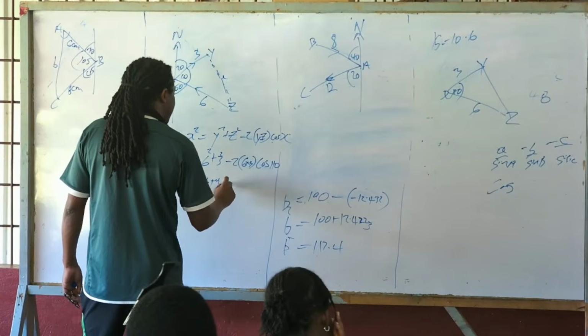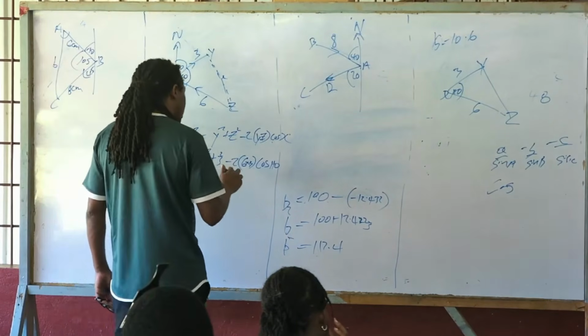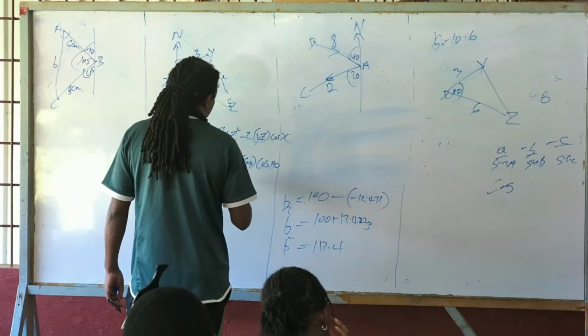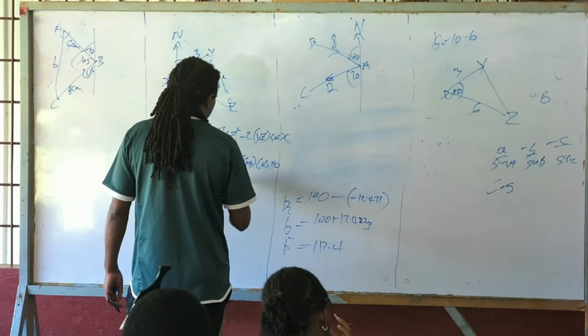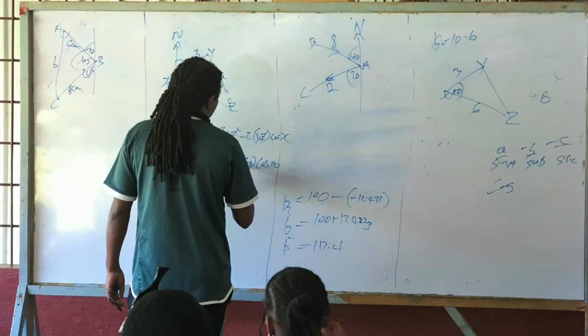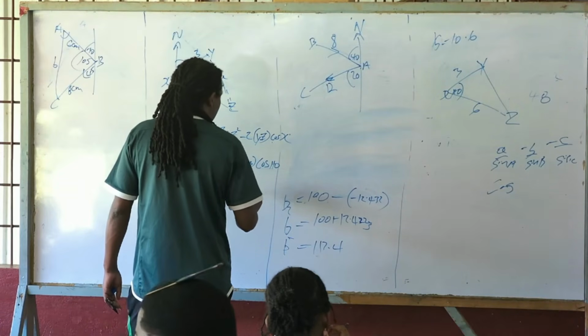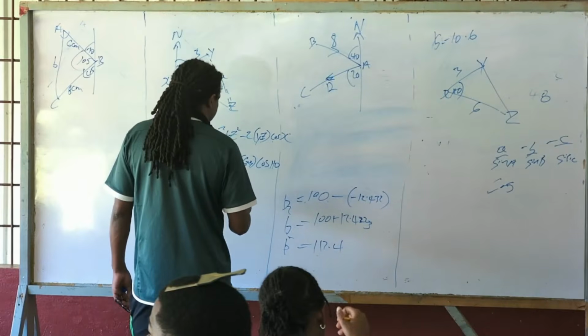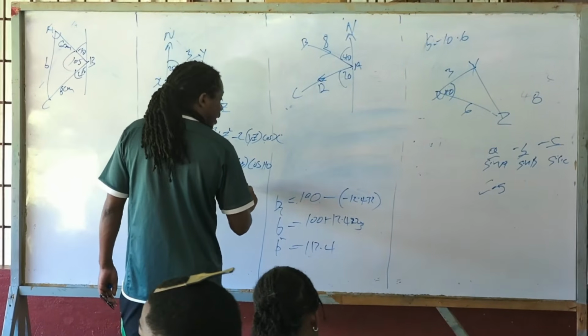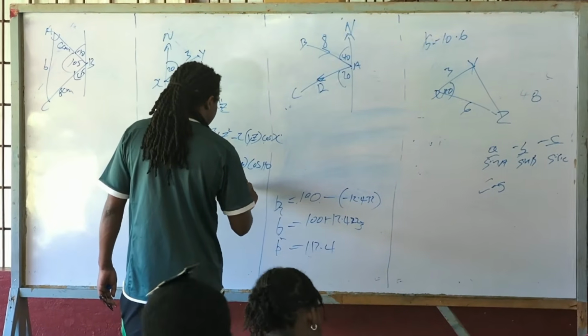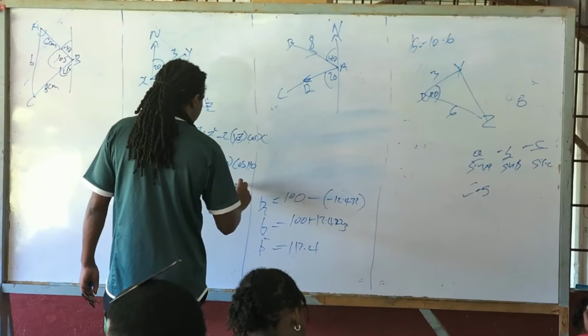Plus 9 minus 6 3 is 18 times 2, 36. Cos 110 or what? 0.342.